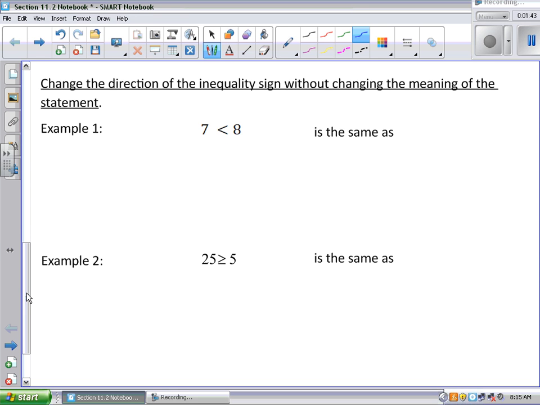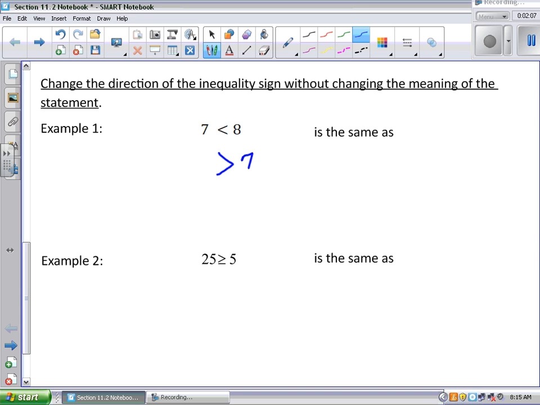So when we're asked to change the direction of an inequality sign without changing the meaning of the statement, we're going to turn it around. This statement starts off saying 7 is less than 8, but I can flip that inequality sign over as long as I still put the littler number on the little point.